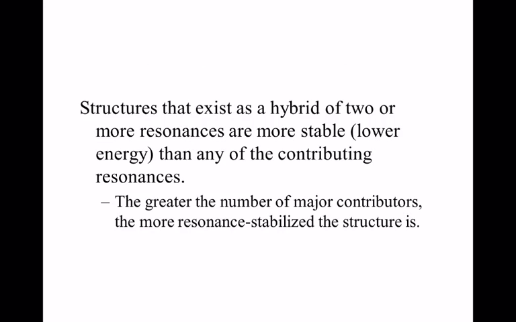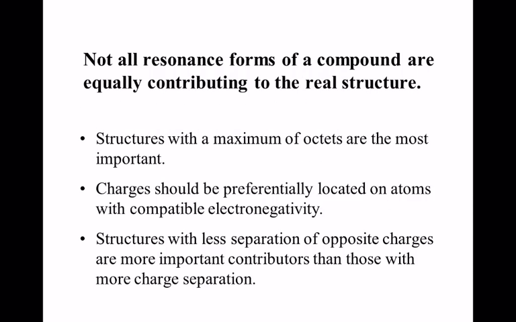But if you can get more than one reasonable resonance structure possibility of a molecule, it makes it more stable. So how do you know, and I'm going to show you an example, I'm going to pick on carbon dioxide, but how would you know if you drew a resonance structure that was illogical?